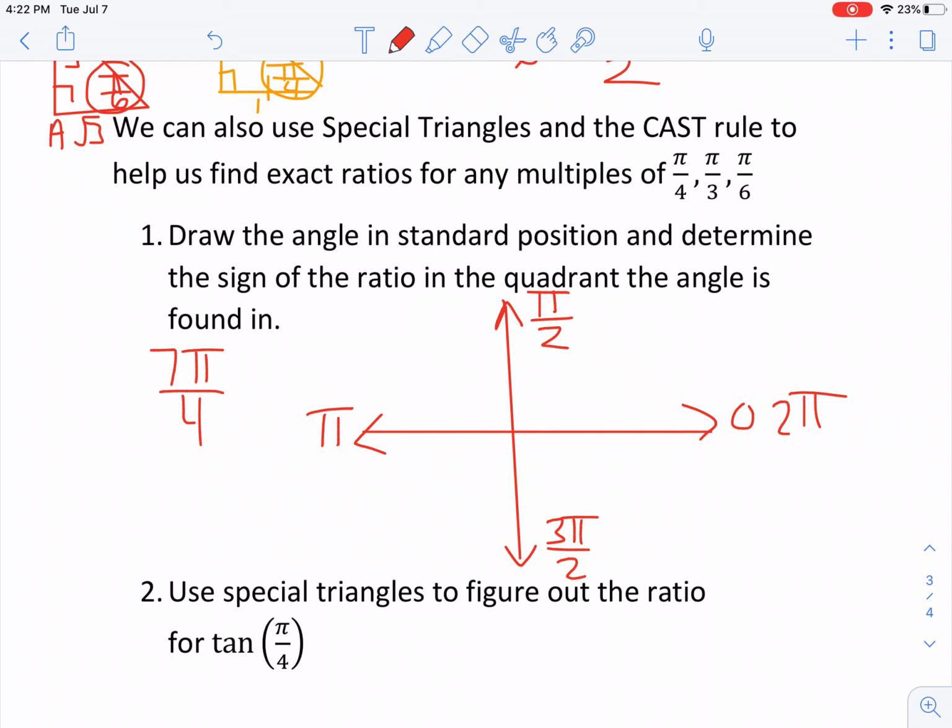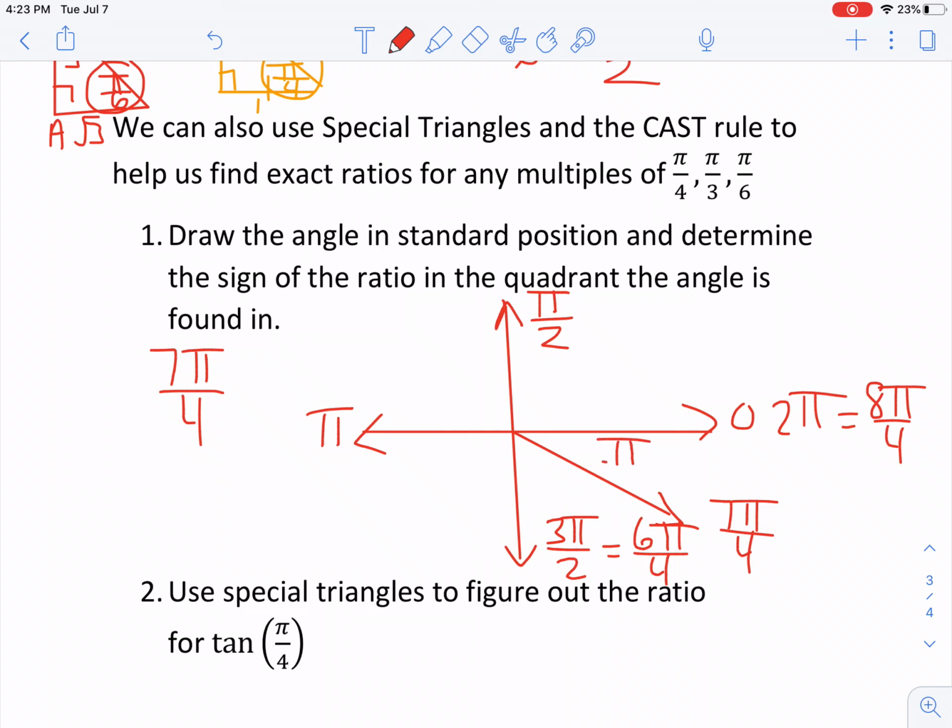So it can also rotate backwards, so clockwise with a negative angle of rotation. If we want 7 pi by 4, it's going to end up in this quadrant here, because 3 pi by 2, if you think of that as something out of 4, is 6 pi out of 4 if I double the top and the bottom, and 2 pi is the same as 8 pi by 4. So 7 pi by 4 would be in between.